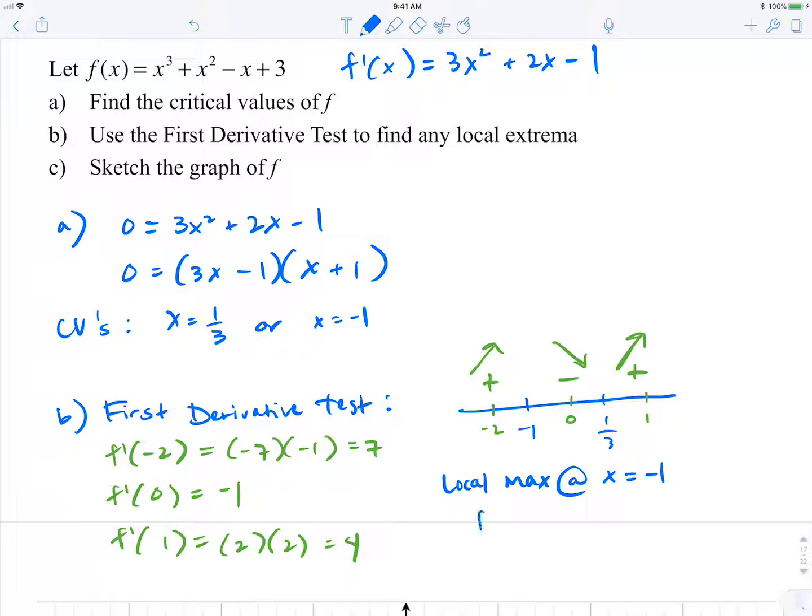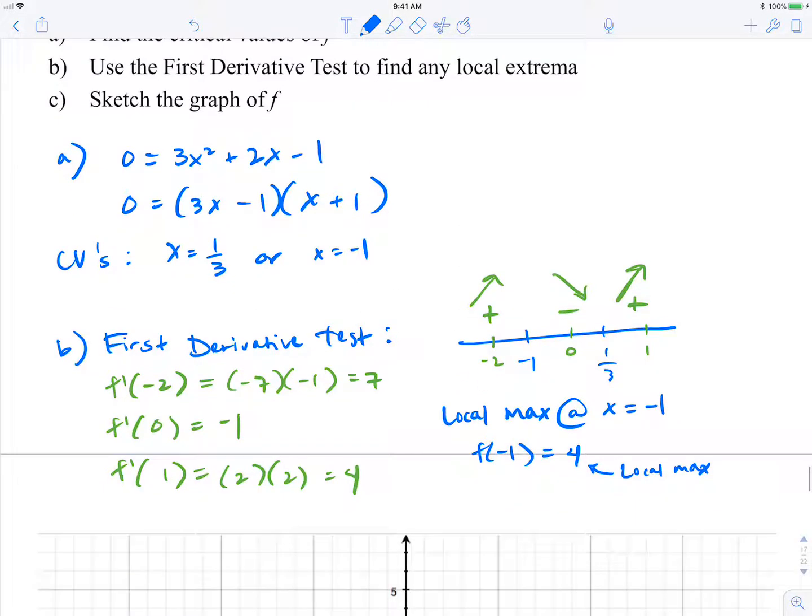So f of -1 will be 1, 4. Okay, so 4 is our actual local max. It's the actual local maximum value. And the local max occurs at the point (-1, 4).